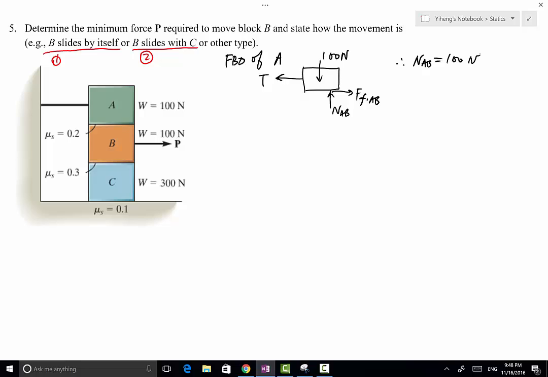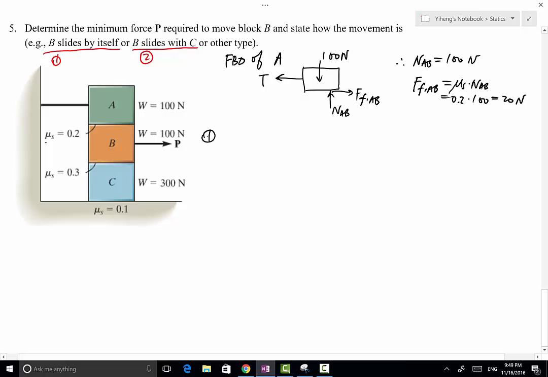When sliding is about to occur, the frictional force FAB is the maximum static friction, and that equals mu S, which is this one right here between block A and B, times normal force NAB, which equals 0.2 times 100 Newton, which is 20 Newton. So that's the force of friction from block B to block A. So with that determined, let's investigate the 2 situations.